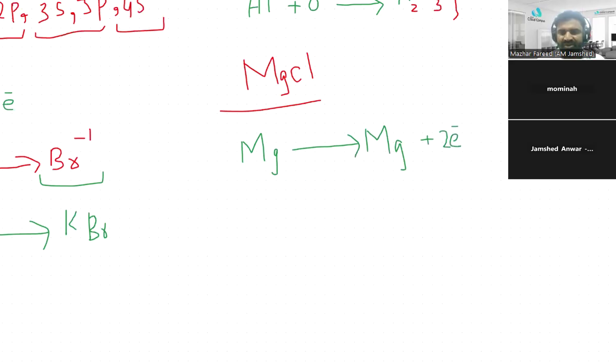So it loses 2 electrons, it gets charge +2. And the second atom of this is chlorine. Chlorine has the ability to gain 1 electron to become stable. After gaining this 1 electron, it becomes a chloride ion.